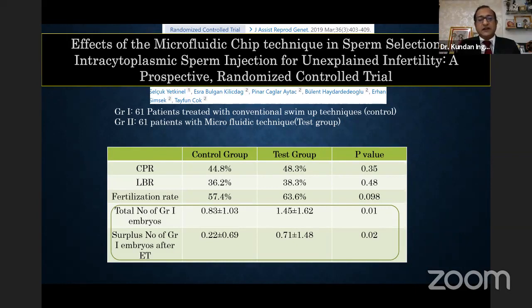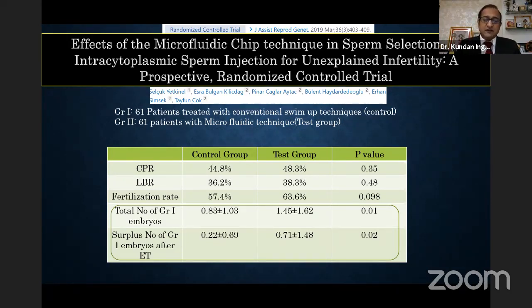They realized that the clinical pregnancy rate, live birth rate and fertilization rate were not significantly different. They were comparable in both the groups. But the total number of grade 1 embryos, and also after the transfer, the surplus number of grade 1 embryos, were significantly more in the group where the microfluidic technique was used.